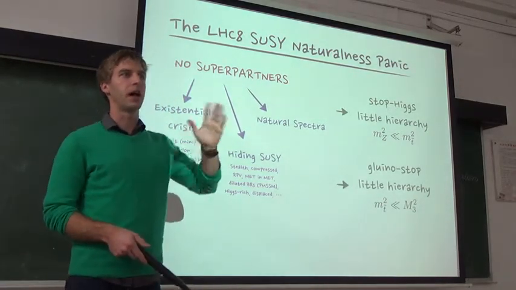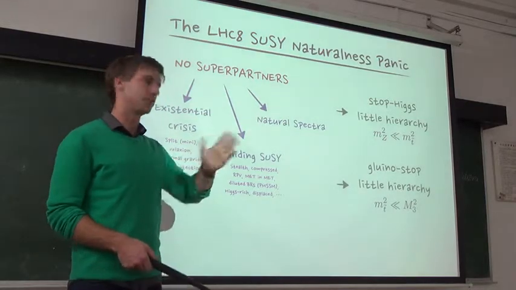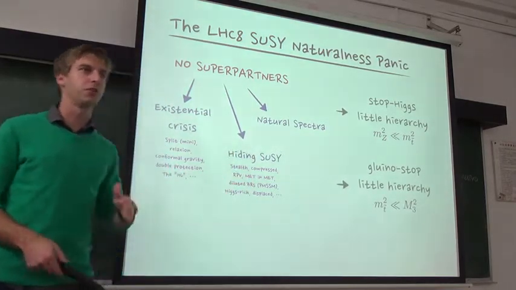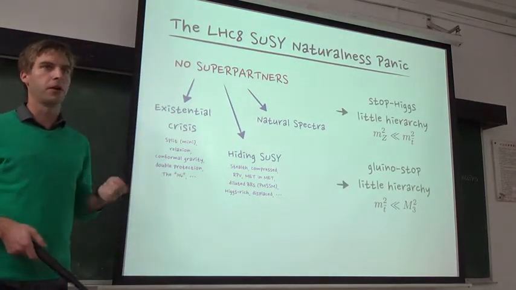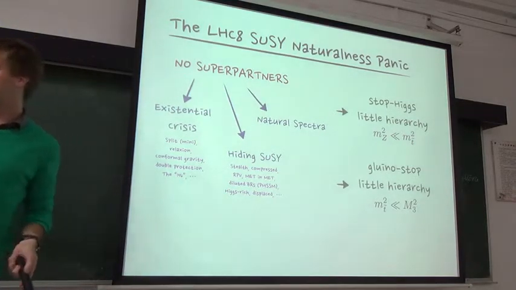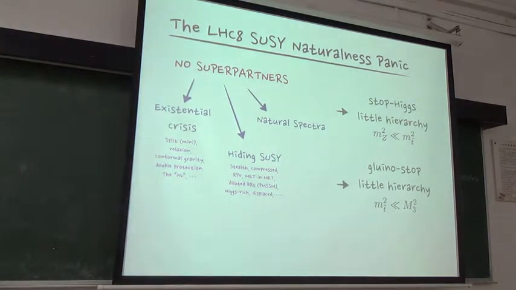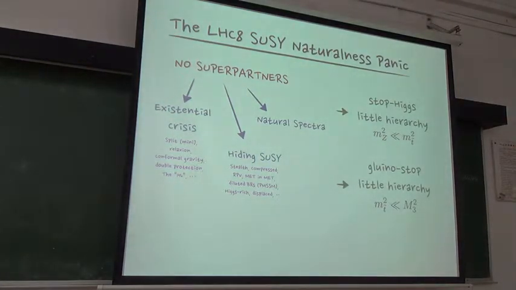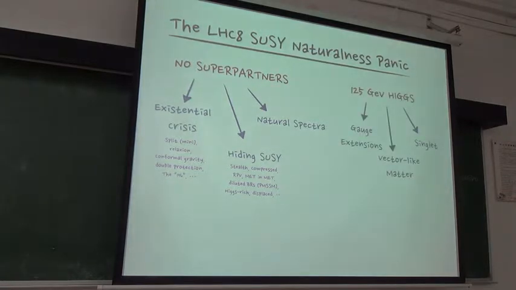So the gluino, the colored spin-1/2 partner of the gluon, should not be much heavier than the partner of the top quark. Okay. So the combination of all these things gives you a picture where this limit and the fact that there's a naturalness problem in the standard model seems pretty robust. Okay.